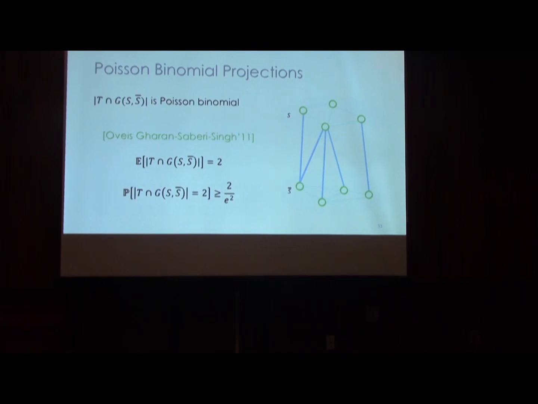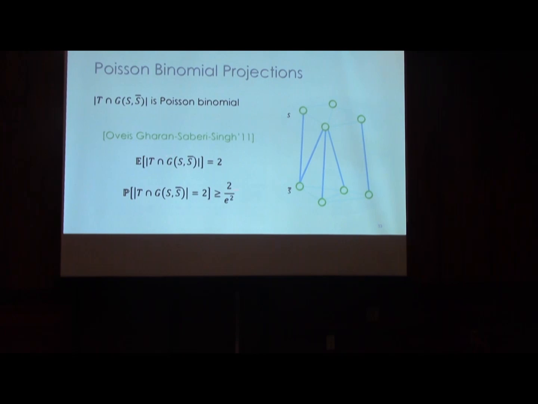Now, this is very crucial for this paper of Oveis Gharan, Saberi and Singh on TSP, the result that I mentioned about improving 3 halves to 3 halves minus epsilon on TSP on graphic metrics.